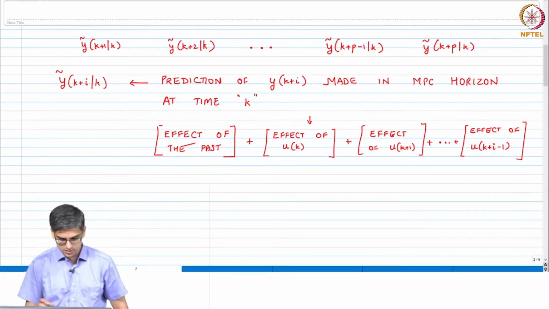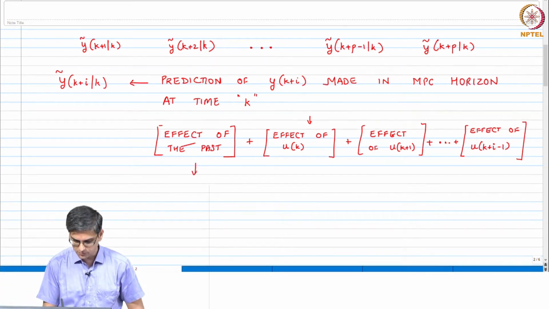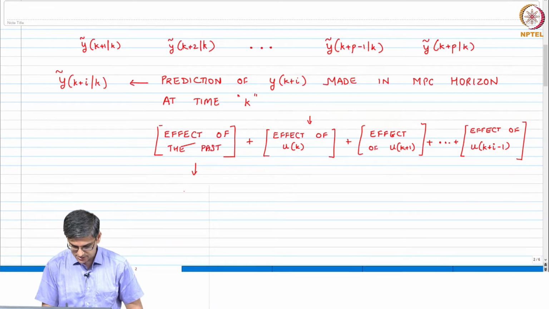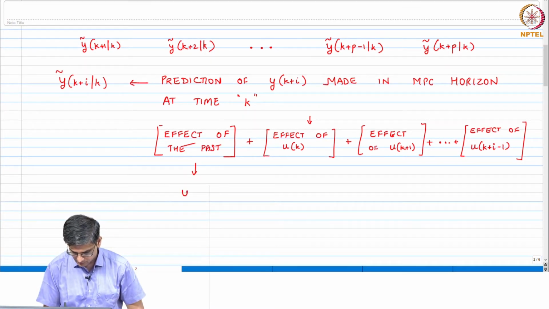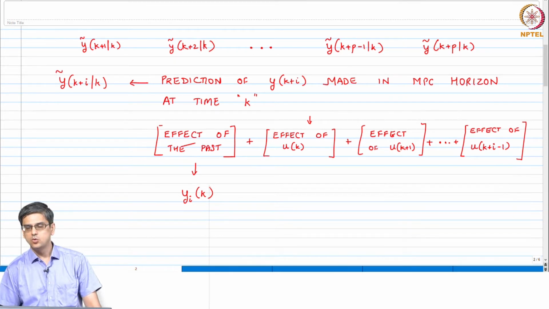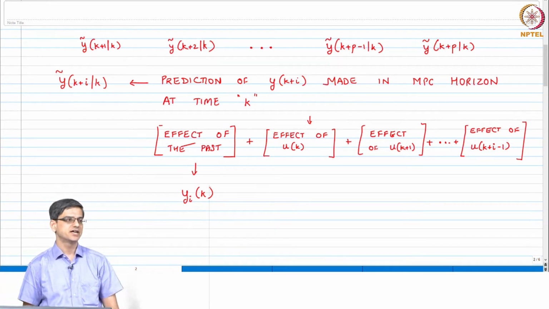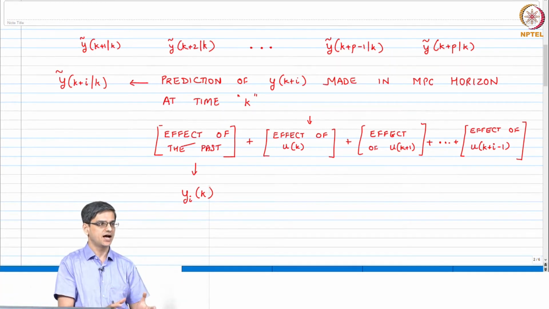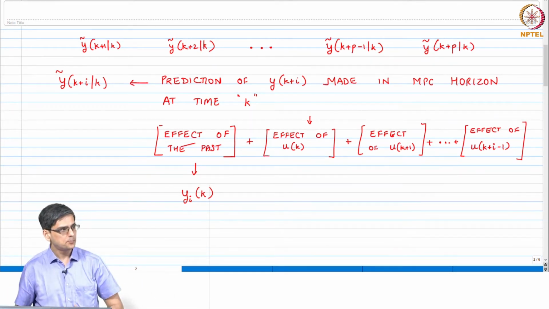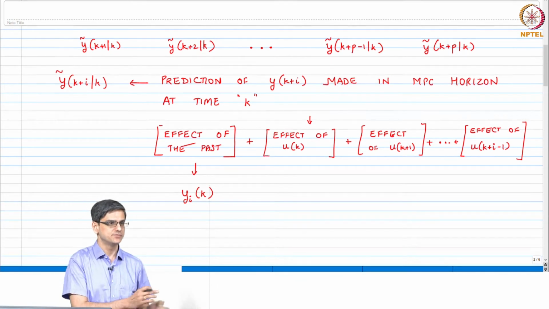This one comes from the state. How does this come from the state? This is nothing but yik. What was yik? yik was nothing but yk plus i with all the information up to but not including time k.